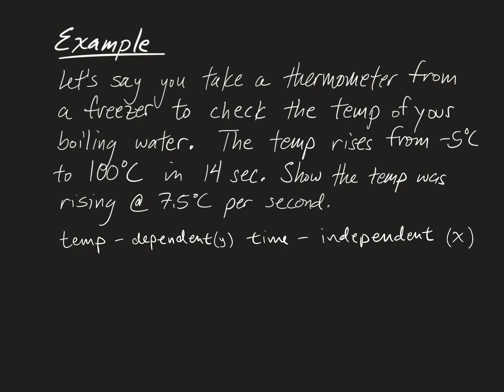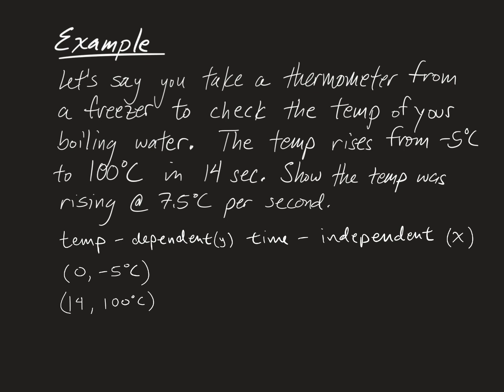So we can create some ordered pairs. At 0 seconds, the temperature was -5 degrees Celsius. Likewise, in 14 seconds, at the very end, it was 100 degrees Celsius. So we can find f of b minus f of a over b minus a, as we have done in all of the other examples.